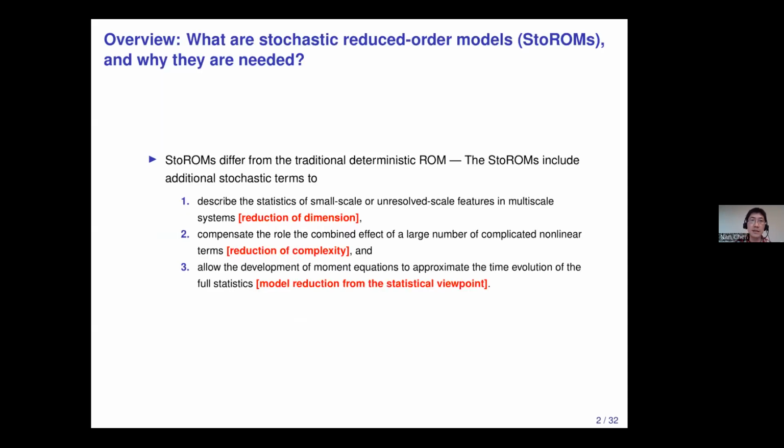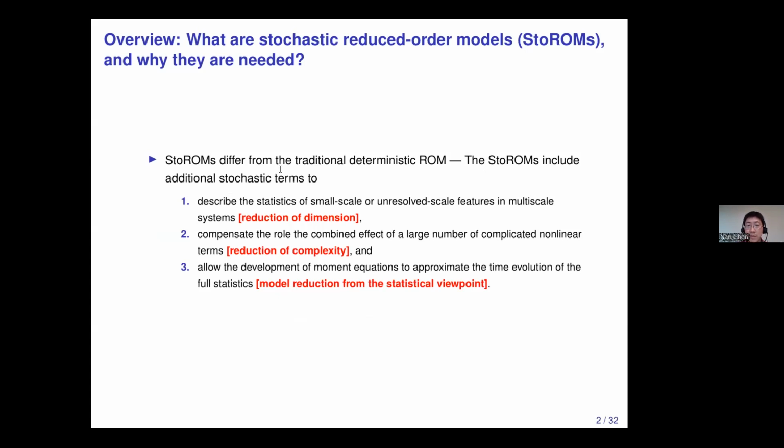Okay, so let's start here. Perhaps this is the first time you've heard about these stochastic reduced models. Stochastic reduced models are different from traditional deterministic models because they include additional stochastic terms.